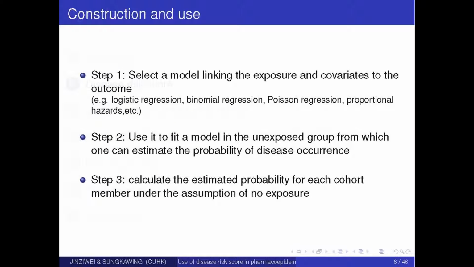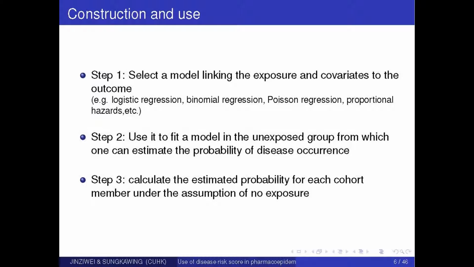There are 3 steps to calculate a disease risk score. First step is to select an appropriate model linking the exposure and covariates to the outcome. For example, what we often use are logistic regression, binomial regression, Poisson regression, proportional hazards. This is then used to fit a model in the unexposed group from which one can estimate the probability of disease occurrence.